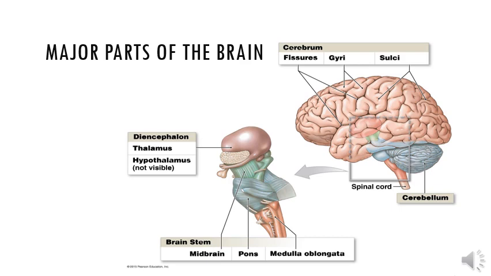And I said that the major conspicuous part of the brain is the cerebrum. And so there I see it. The cerebrum on the right-hand illustration is derived from the telencephalon. Remember, the telencephalon is part, ultimately, of the prosencephalon.